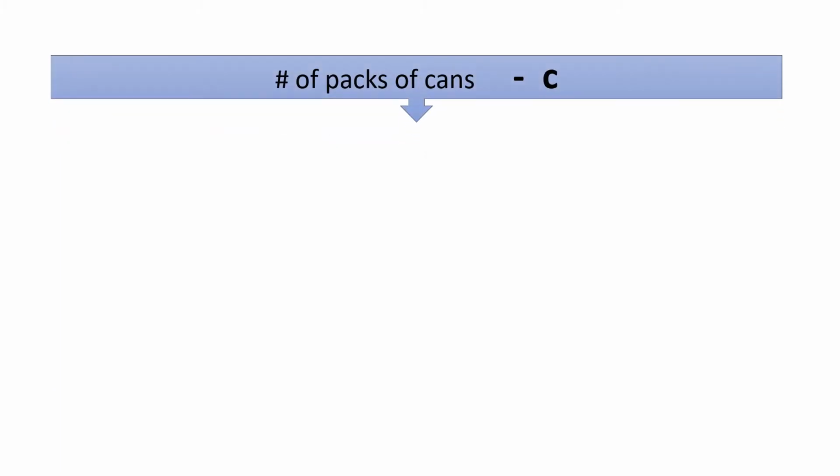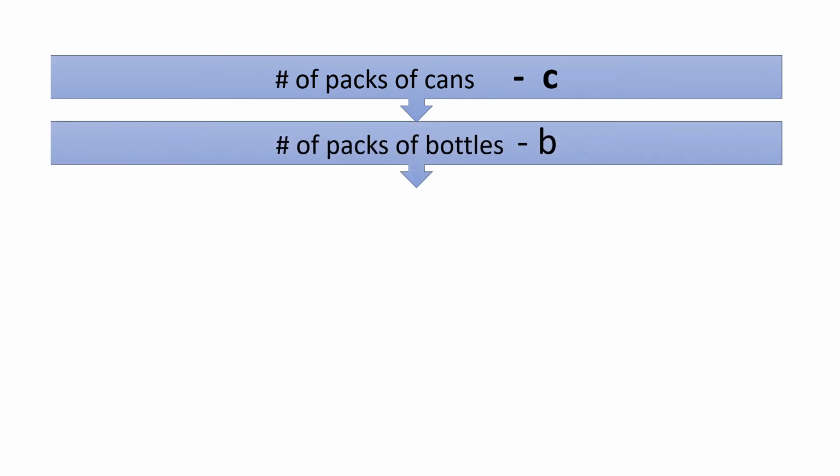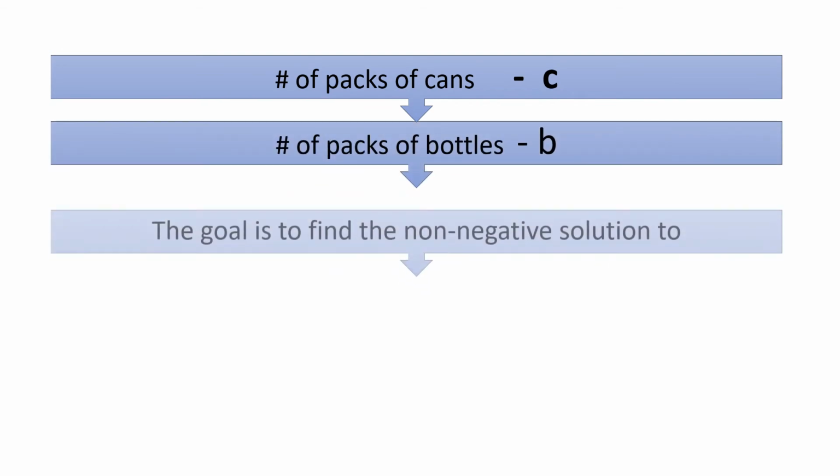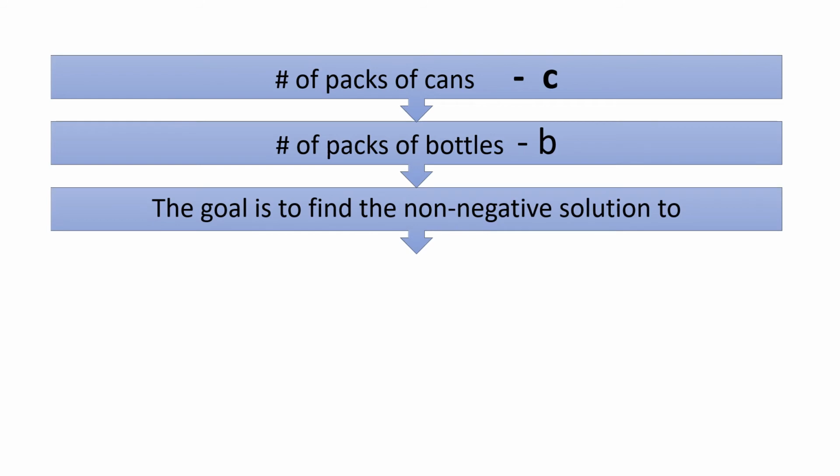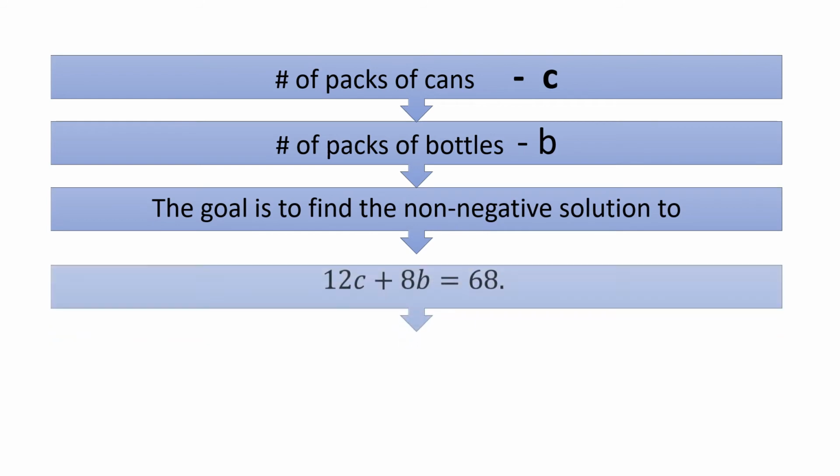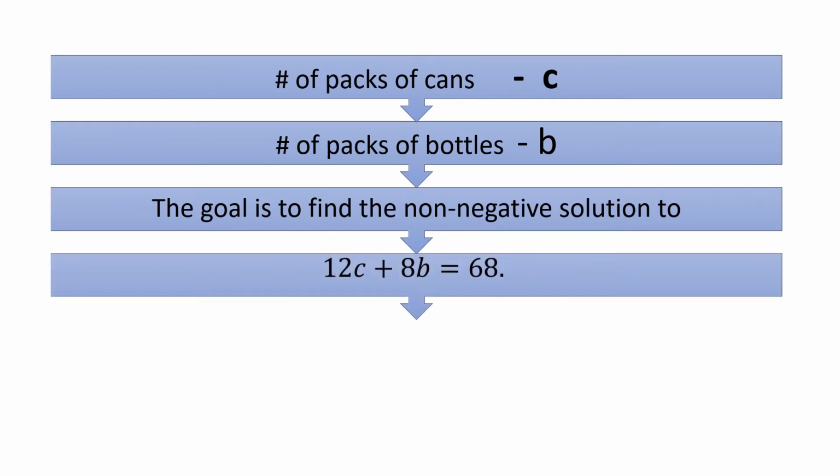By taking the number of cans as C and the number of bottles as B, we have to find a non-negative solution to the equation 12C plus 8B equal to 68, because each can costs $12, each bottle costs $8, and he has got $68 in hand.